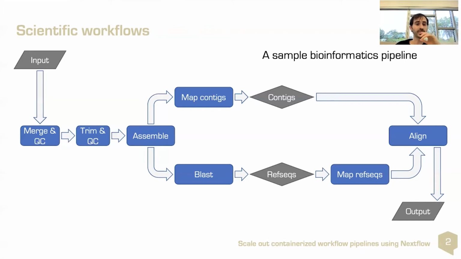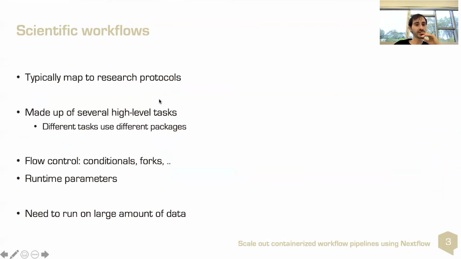And this is one of the aspects that are quite crucial to scientific workflows in a computational context, but there are other aspects, and let me go through this slide just to name a few others. We mentioned the several high-level tasks with dependencies. You can have flow controls, as we said.